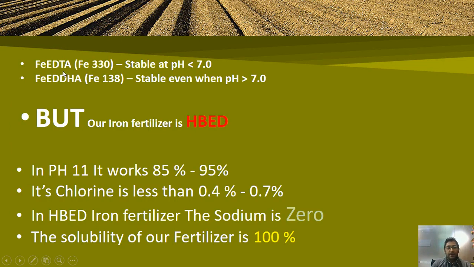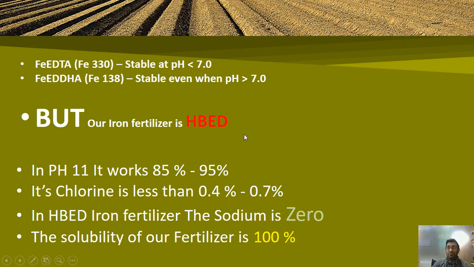Some iron is EDTA and they are stable under pH 7. But iron EDDHA is stronger, it's stable at more than pH 7. But our iron fertilizer is HBED.